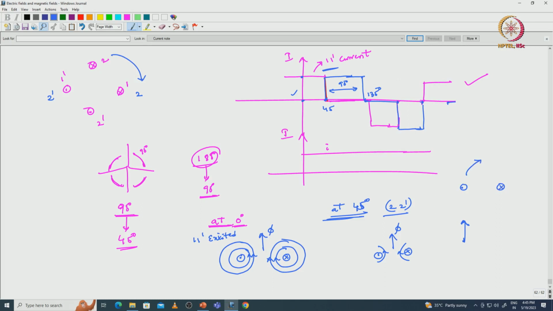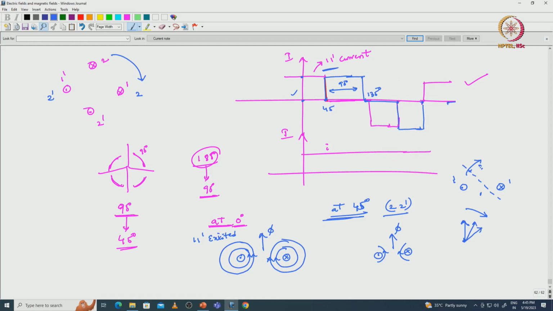After 45 only we are removing the current in this 1 dash and we are exciting 2 dash. That means 1 dash reached this point and 2 dash will be at this particular point. Okay. So, from this point to this point along with the rotor rotation, the flux vector will rotate, right.